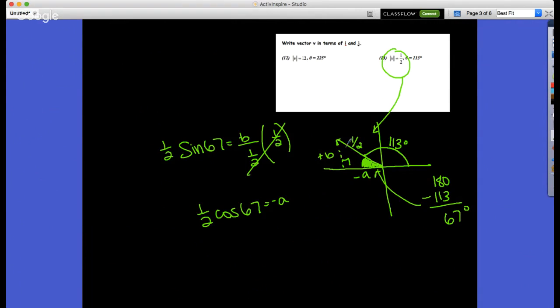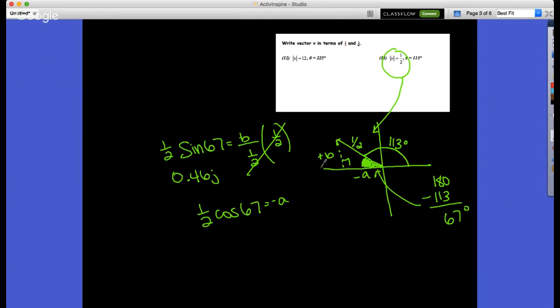So as we back up, we're going to plug this in. 1/2 sine of 67 is 0.46, and this should be the j, right? Because it's going up and down. That's sine, that's the B, that's the opposite. And we'll do 0.5 or 1/2 cosine of 67.